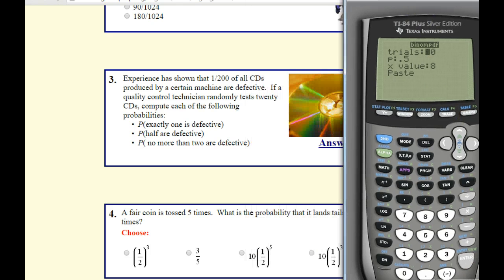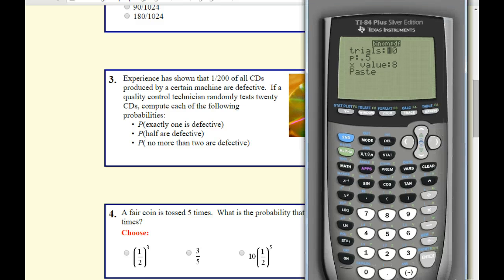How many was he testing? If a control randomly tests 20 CDs, so he's picking out 20, and the machine has a history of 1 out of 200 being defective, so 1 divided by 200 is our probability of finding a defective one, and we want to find exactly how many? 1 defective one.